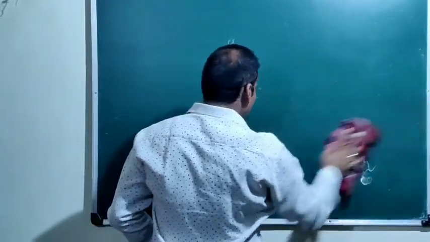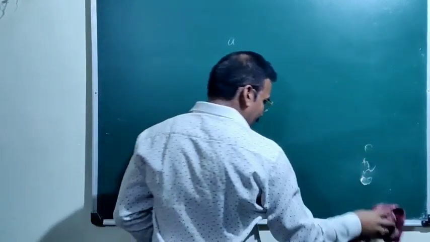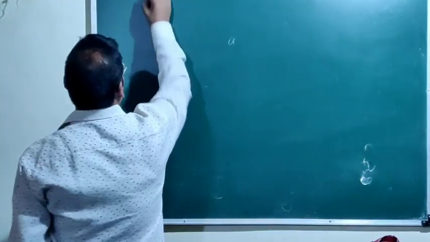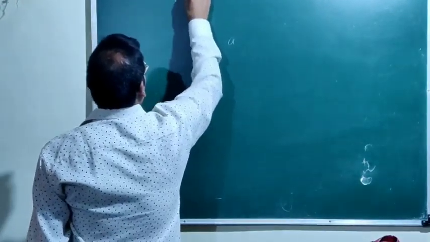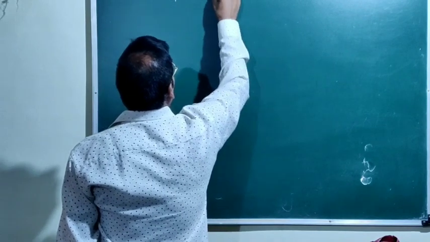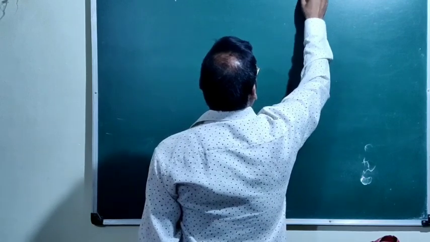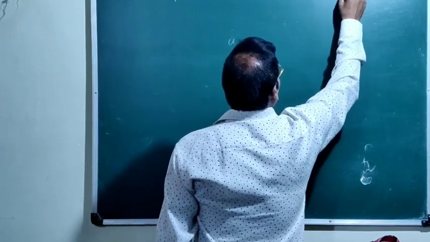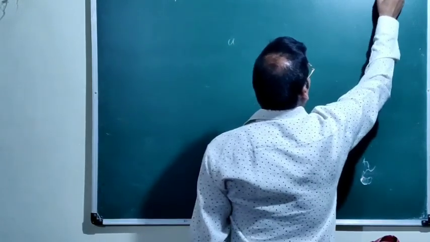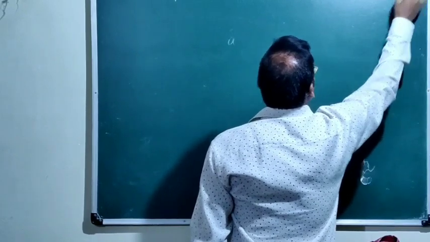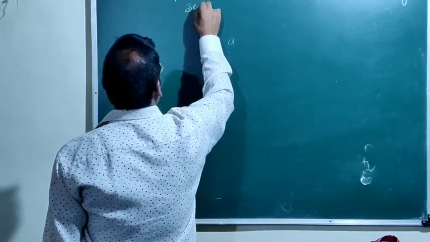So the summary of the polynomials regarding the zeros. First, if the line is parallel to the x-axis, then there is no zero.